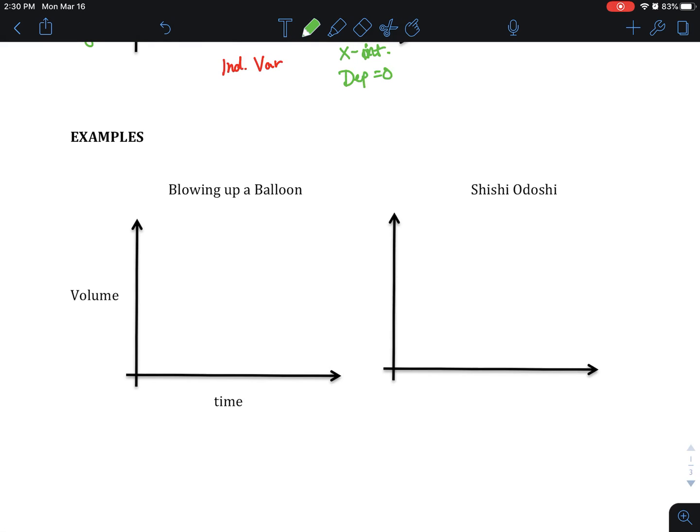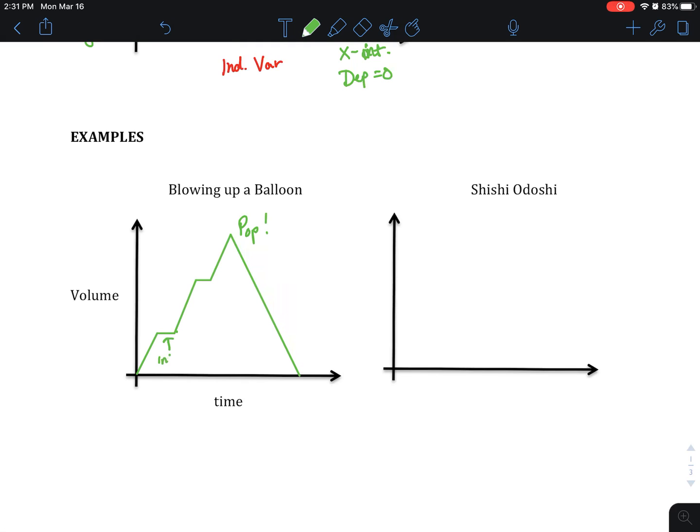Volume over time for the balloon. So as we take a breath, remember we exhale, the volume of the balloon increases, but then there's this flat constant area as we inhale where the balloon's not changing volume, and then we exhale and the volume goes up, and then we inhale and it's constant again, and then the volume goes up as we exhale, and then lastly, the balloon, if it reaches its potential here, it'll pop, and very, very quickly we have the volume going down to basically 0.